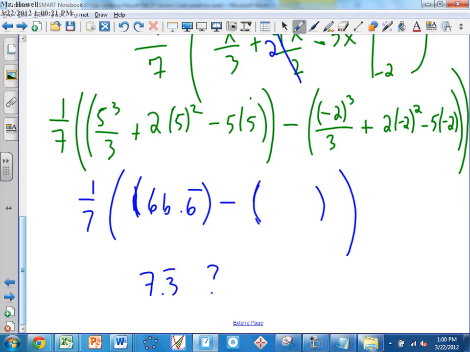Negative 2 1/3, 8 is going to be 5 1/3, and 10, so 15 and a third. Now subtract those two numbers and divide by 7. That's 51 divided by 7, about 7.3.